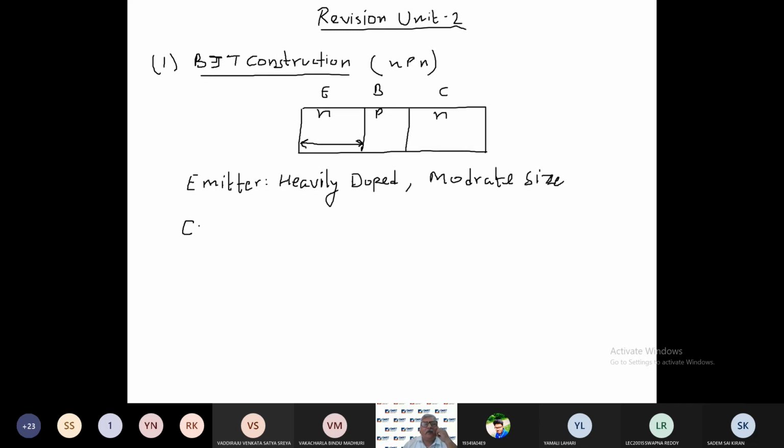Now if we talk about collector, then it is moderate doped and largest size.